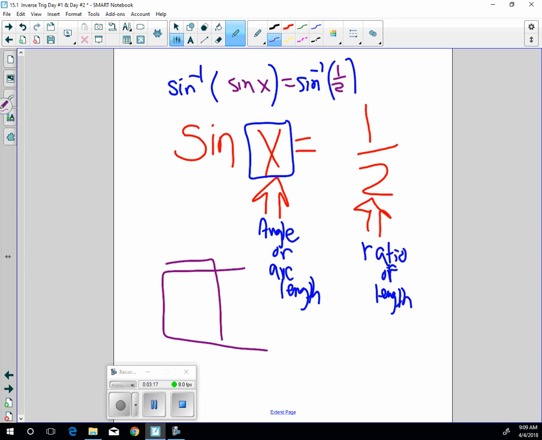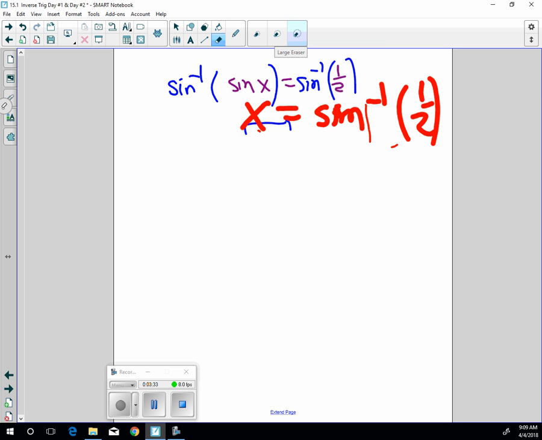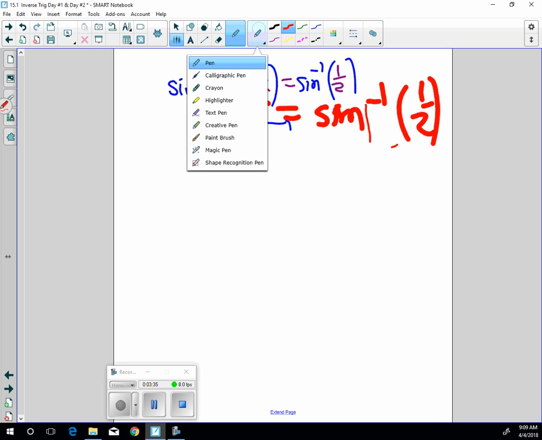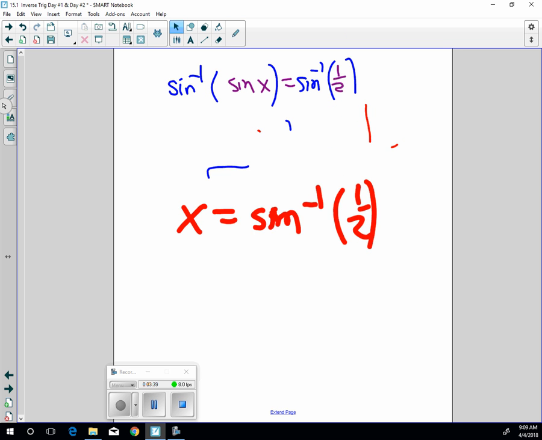What's the inverse sine of the sine of x? Anybody guess? It's x. And this is just equal to the inverse sine of 1/2. Now, if I take this, x equals the inverse sine of 1/2, what is this right here?